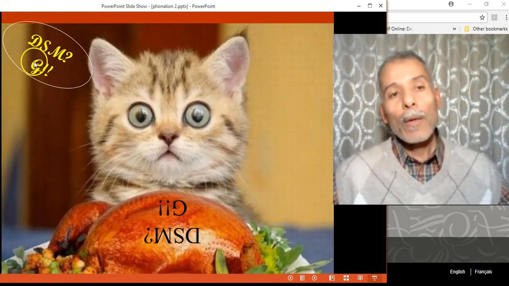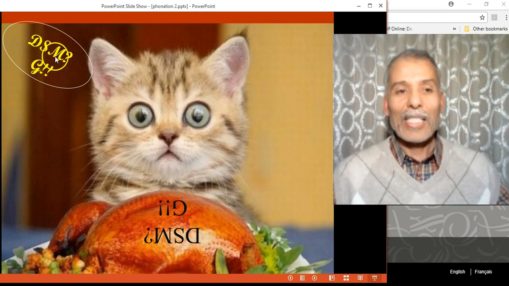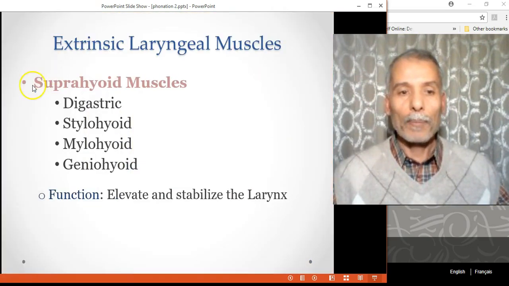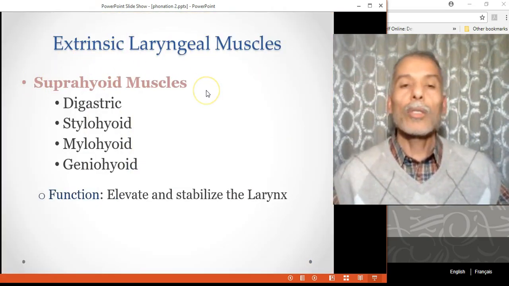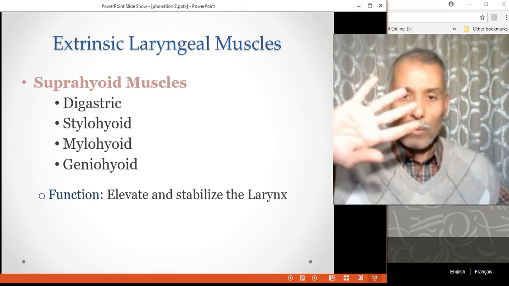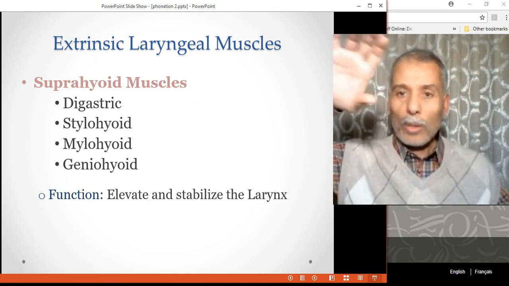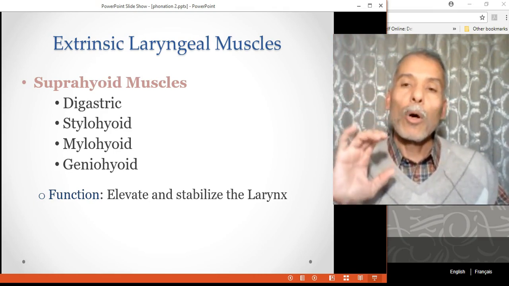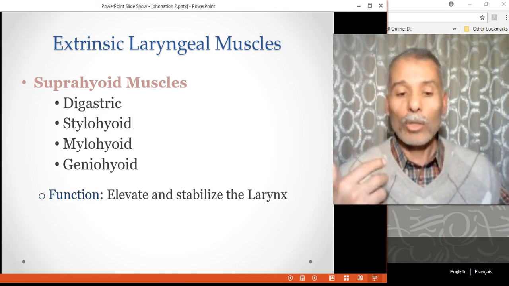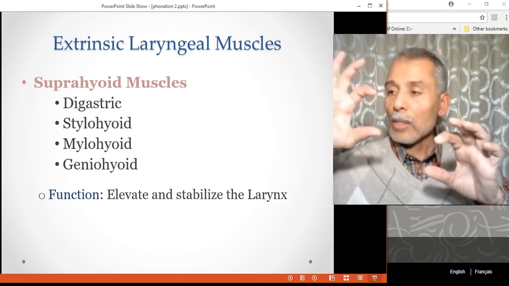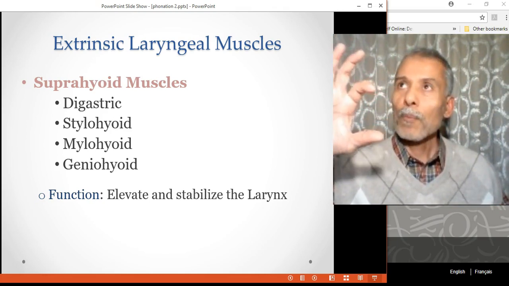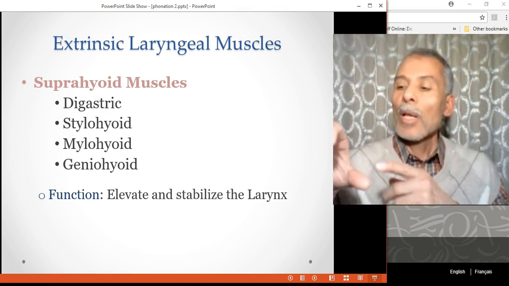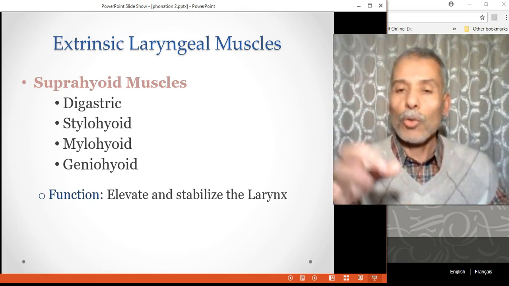I use the acronyms DSMG, and when we look at the extrinsic laryngeal muscles, we divide them into two sets: 4 muscles that are above the hyoid bone, and 4 muscles below the hyoid bone. We said that the hyoid bone is horseshoe shaped with the closed end facing front, and the entire larynx is attached to it.